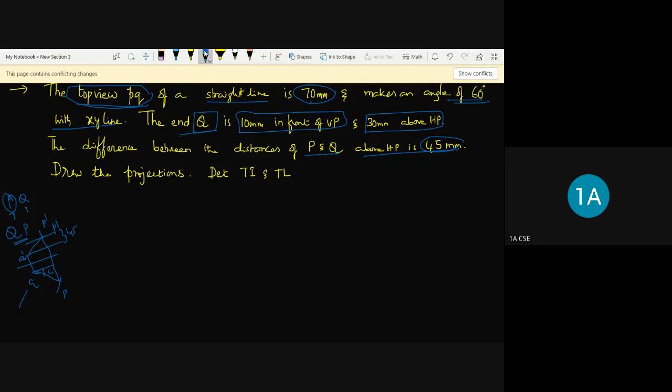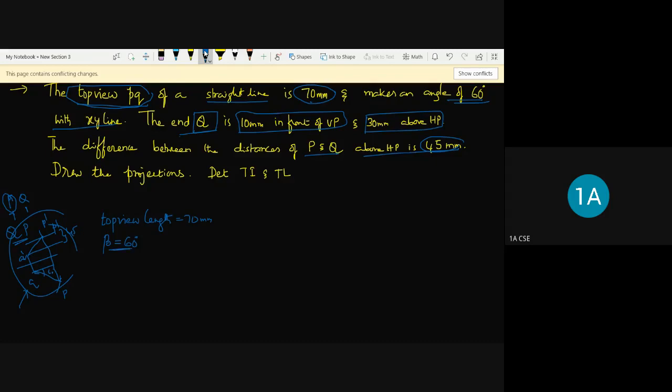So this is how first we go by a rough sketch, how it can be solved based on the data. So what data is given here? The top view length is given, that is 70 mm. The inclination beta is given as 60 degrees, because the top view makes an angle of 60 degrees with the XY line. That is the final top view when the line is inclined to both planes, so it is nothing but the apparent inclination.